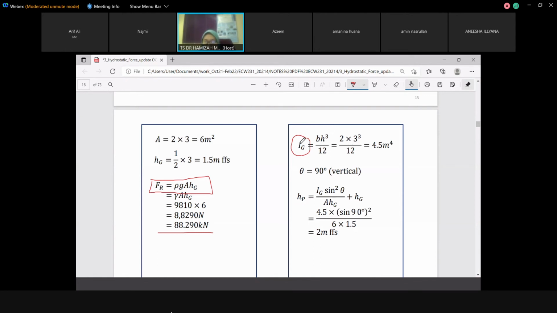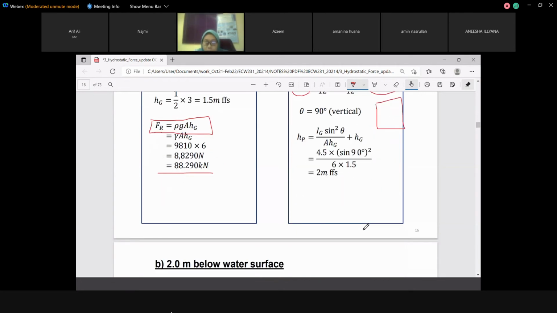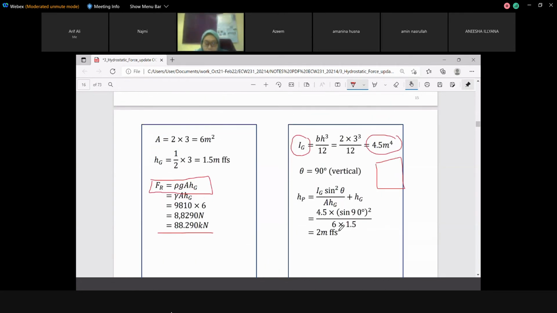So we have the second moment of area 4 meter to the power of 4. And then the angle is 90 sebab dia vertical, sudut tegak macam ni. Dia tak ada incline. So it is 90. Masukkan nilai into the formula of HP. And then we can have 2 meter from water surface. Okay, FFS ni from fluid surface.